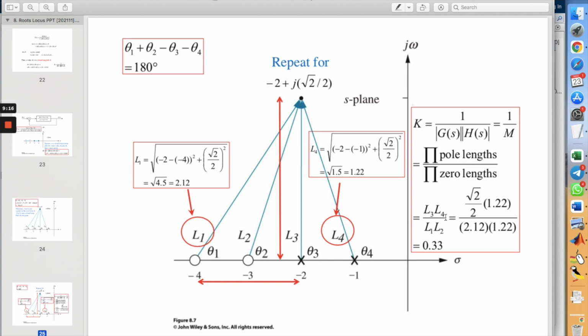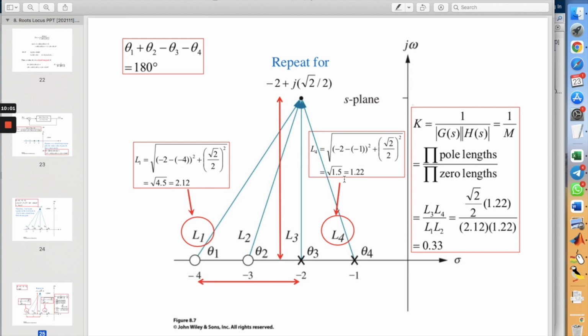The magnitude is calculated using this formula: negative 2 minus negative 1 gives the distance here, squared, plus the vertical distance, negative square root 2 over 2, squared, and then we take the square root of the summation.